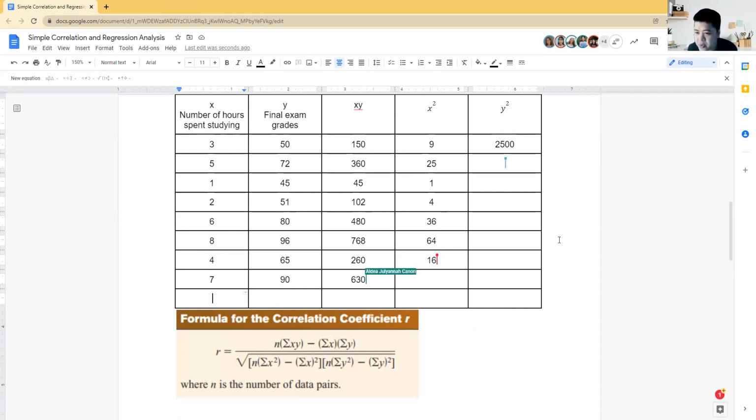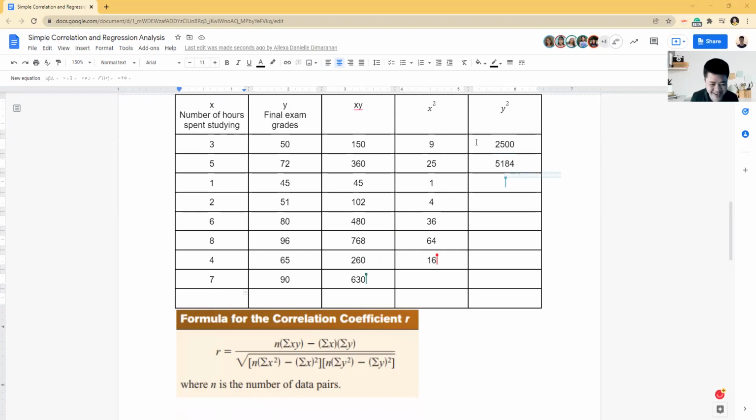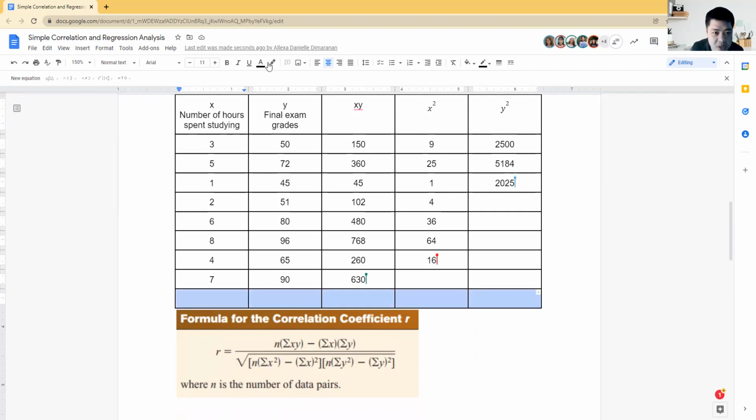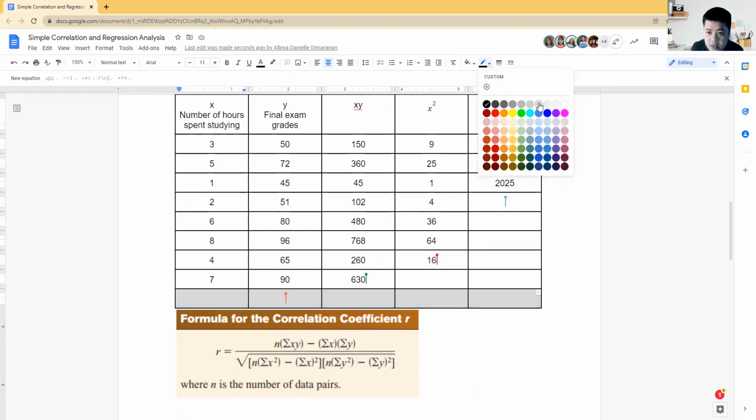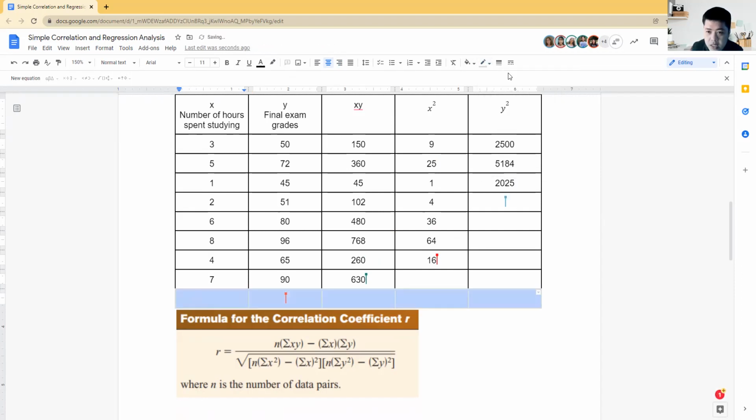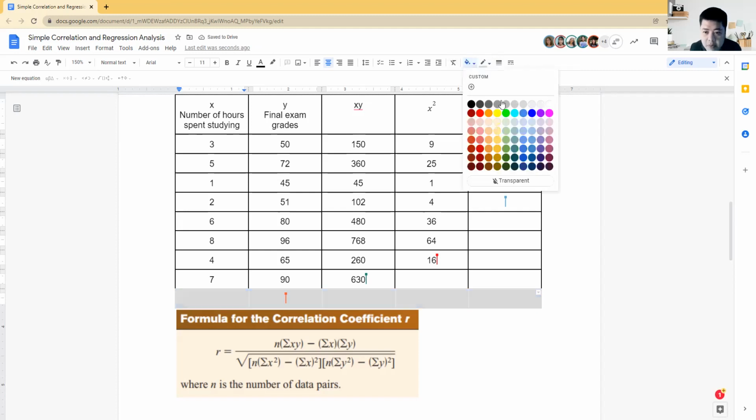Who would like to do it for the y? Siguro si Nia. Nia, find the sum of all the y's. Just place it here.